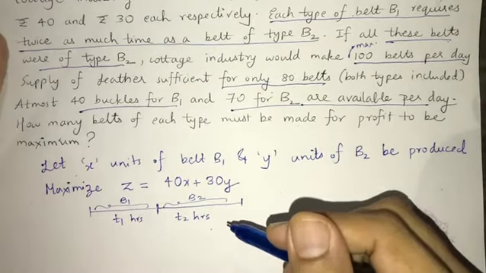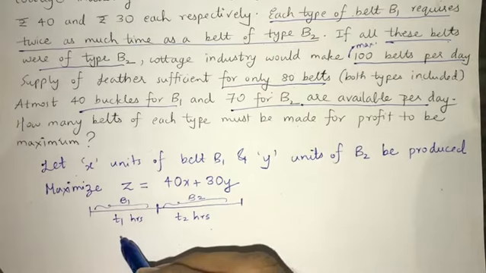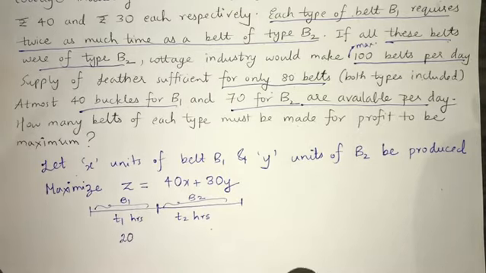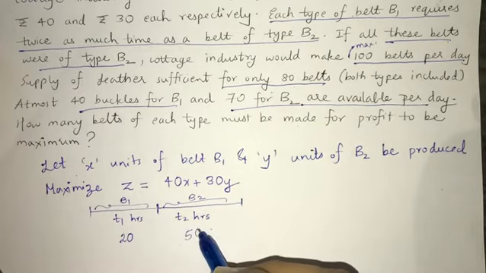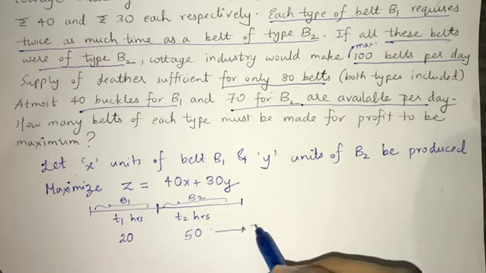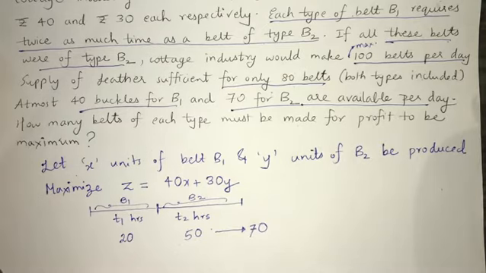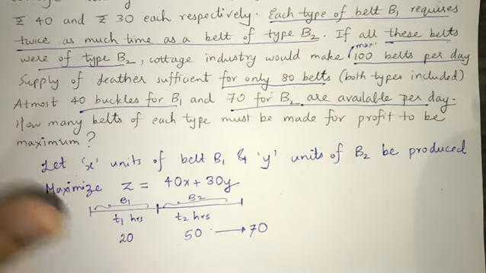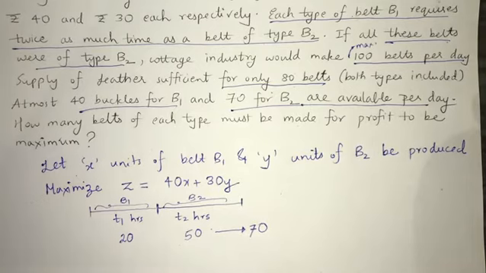So I don't know how many belts are to be made, but as an assumption, if I am making per day, say, 20 belts of type B1 and 50 belts of type B2, then our total production till now was 70. Understand, if I am making B1 belts, time T1 hours is allocated to the production of belt of type B1.